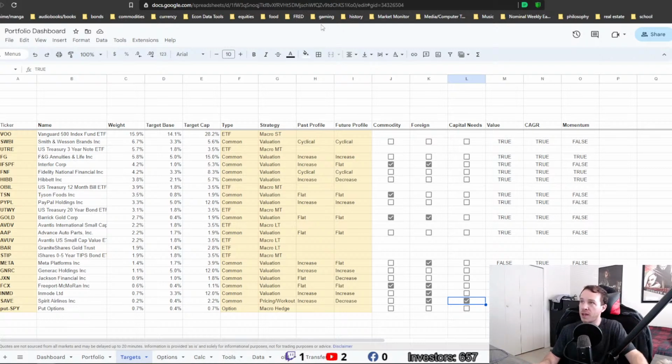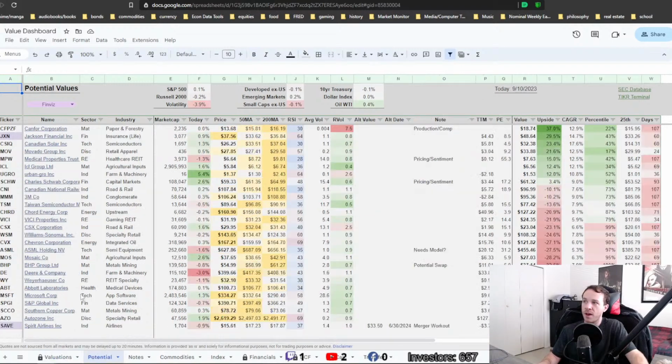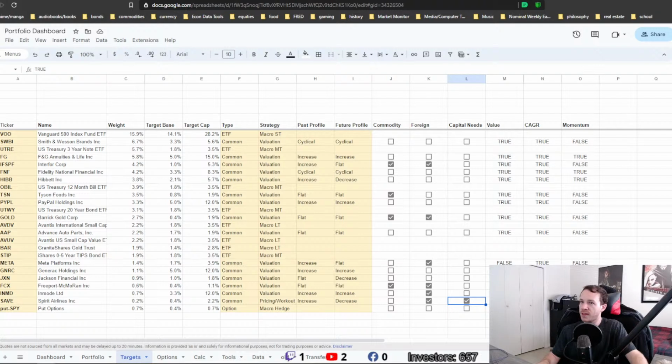One that comes to mind on the valuation dashboard that we've talked about a few times before is Urban-gro, UGRO, a company that I think has a pretty interesting opportunity in front of it, but I also think has massive bankruptcy risks associated with it if it's unable to get the capital it needs to bring its opportunity to fruition. So the point is, you would want to discount your allocation to a company like that based off of the fact that it has such huge bankruptcy risks. And if I was to take a position in that, I would definitely check this box for that company as well.